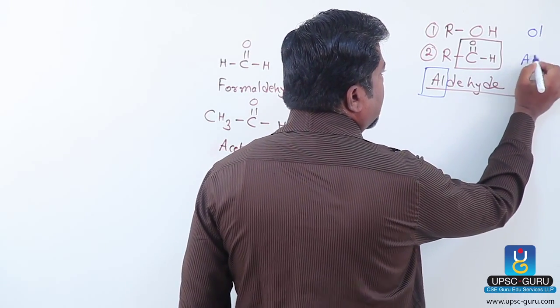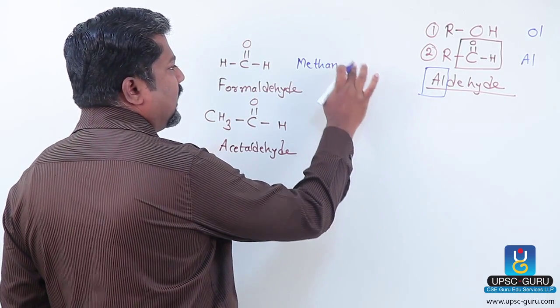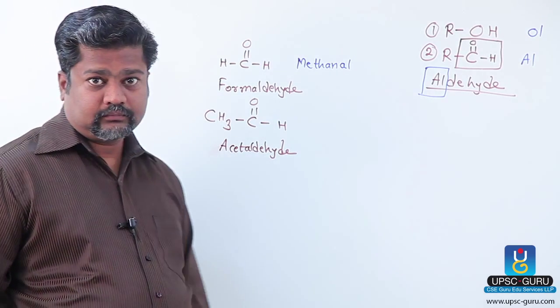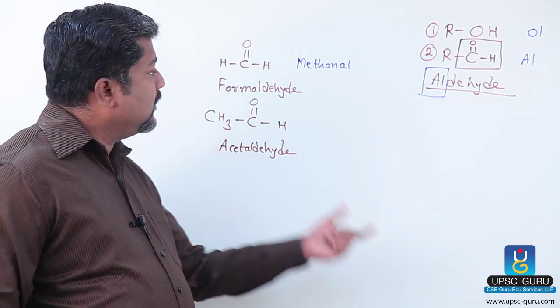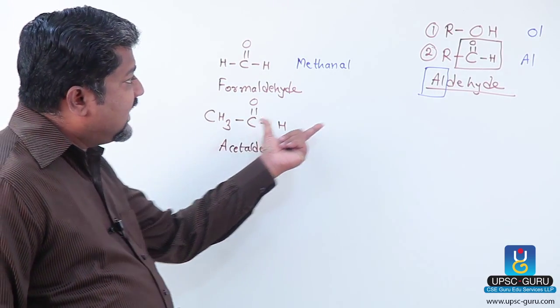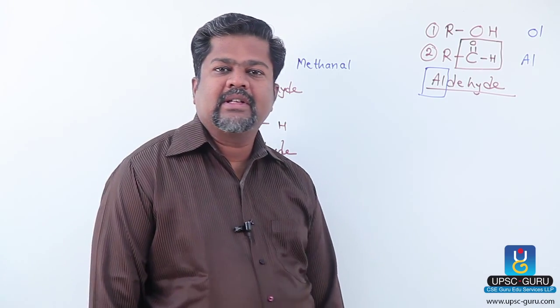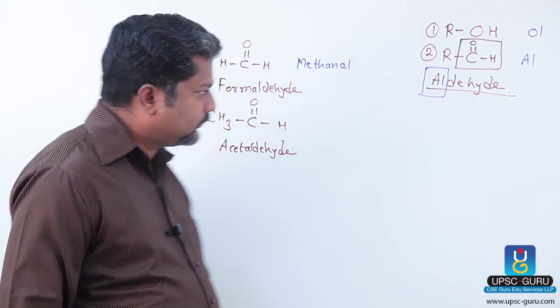Here we have to write AL, small a obviously. So I have to replace the E and place AL there. Whether it is 1-aldehyde or 2-aldehyde, no question, because the aldehyde group is always at the end, so there is no need to mention the position of the aldehyde group.